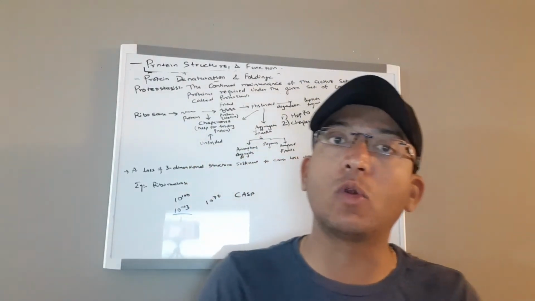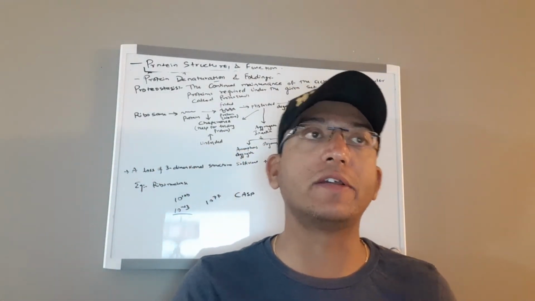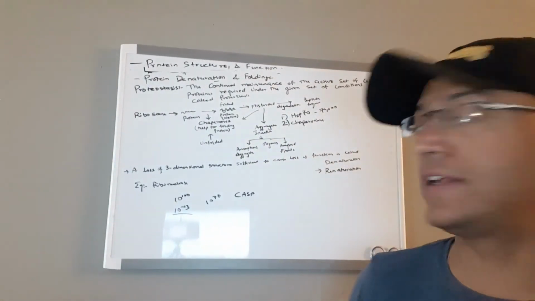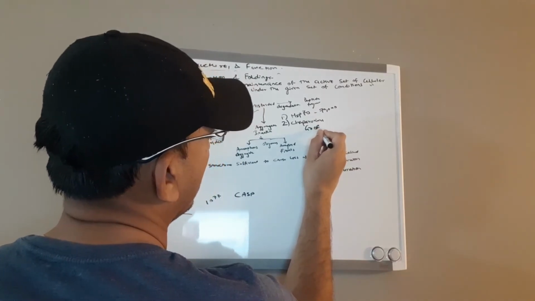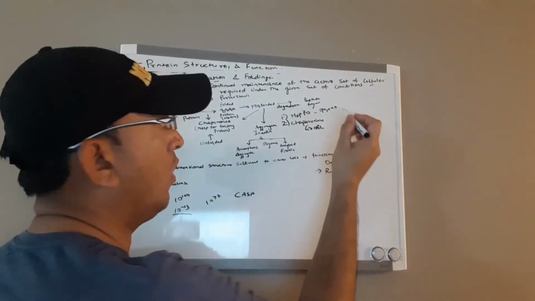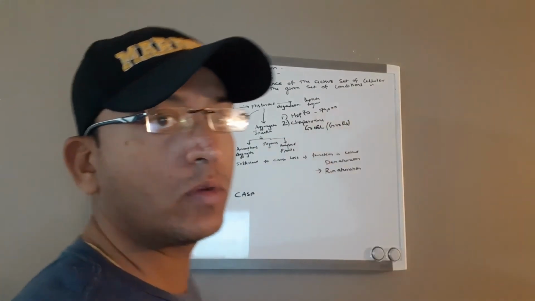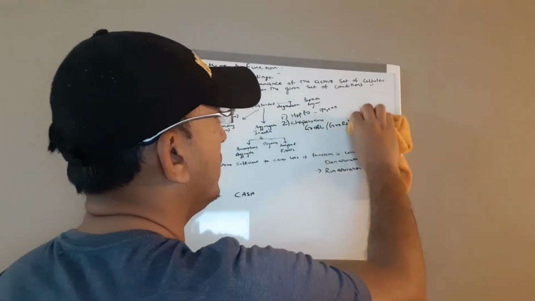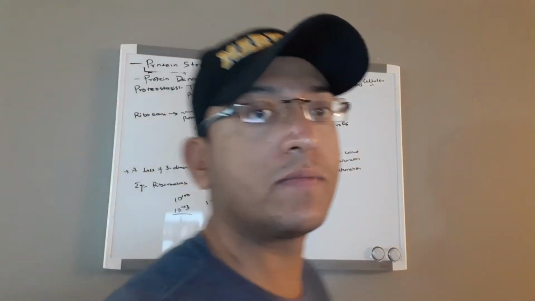For example, in E. coli, an estimated 10 to 15% of cellular proteins require the chaperonin system that is called GroEL and GroES.